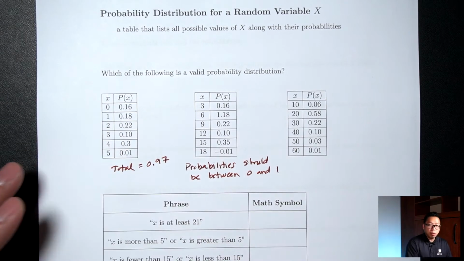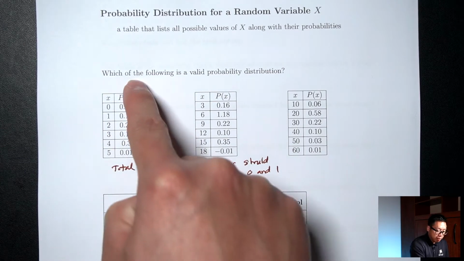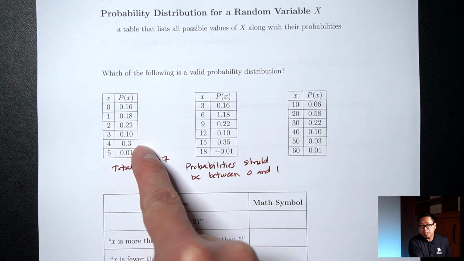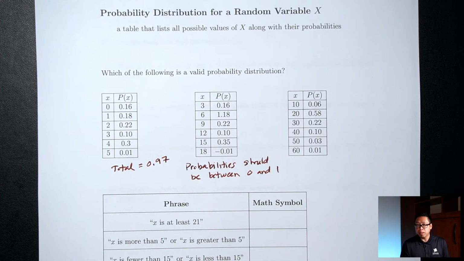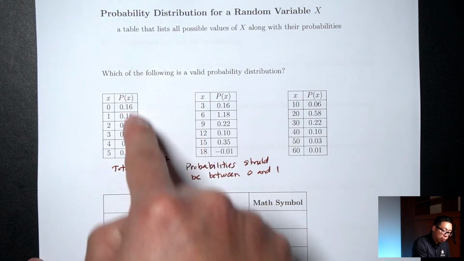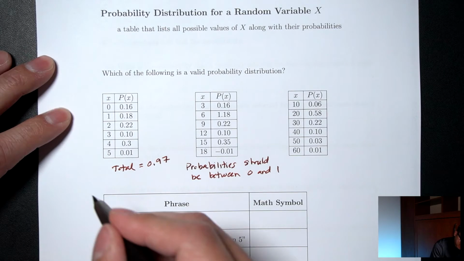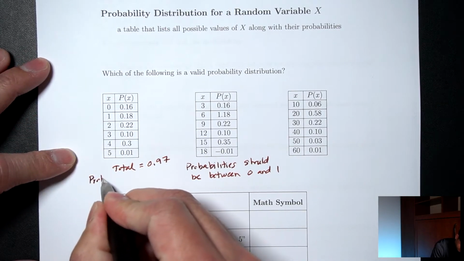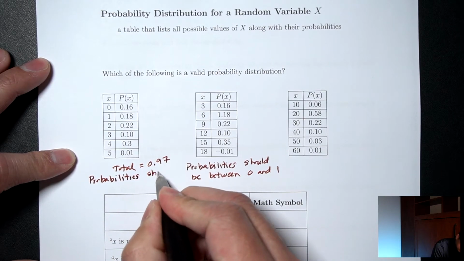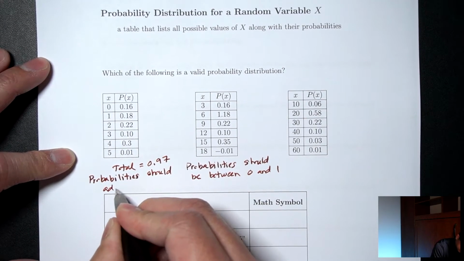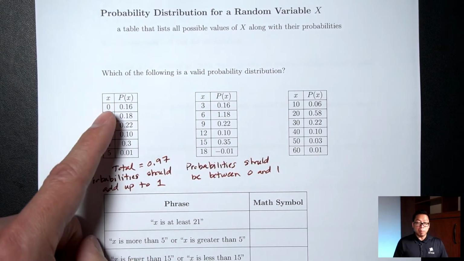If I add up the probabilities, what should they add up to? If this is a list of everything that could happen, this should be all of the probabilities that could happen. If I add up all the probabilities, I should get 100%, which as a decimal will be 1. So that's the second requirement. The probabilities should always add up to 1. That's why the first table is no good either.